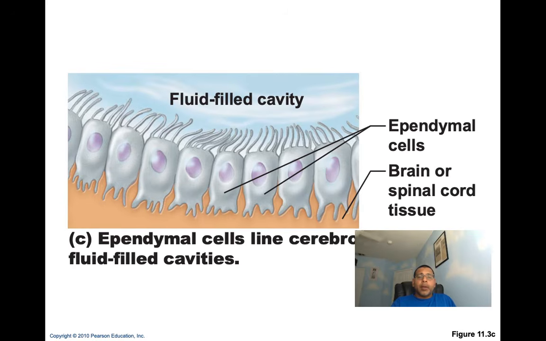Next, then, we have our ependymal cells. Their structure is going to range in shape from squamous to columnar, and many are ciliated. When you talk about their function, they line the central cavities of the brain and spinal cord.